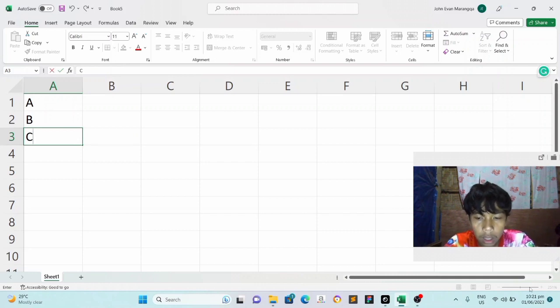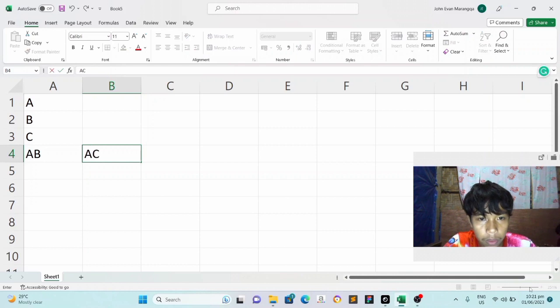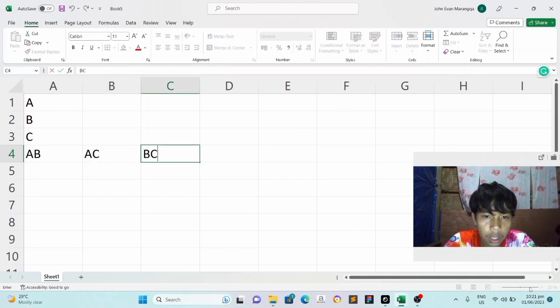So the possible combinations without repetition would be AB, AC, and BC. As you can see, each object can only be selected once, and the order of selection does not matter. In other words, AB and BA are considered the same combination.